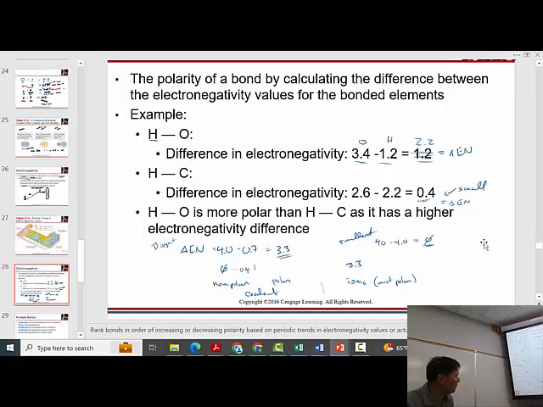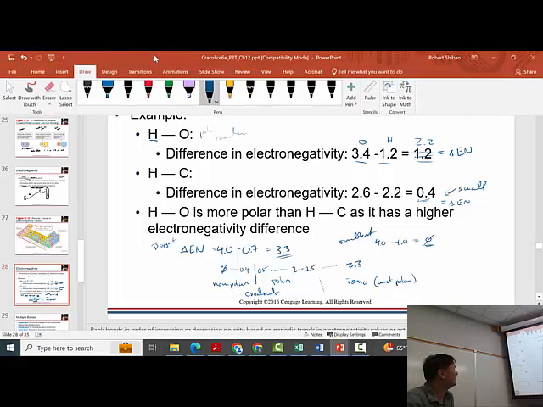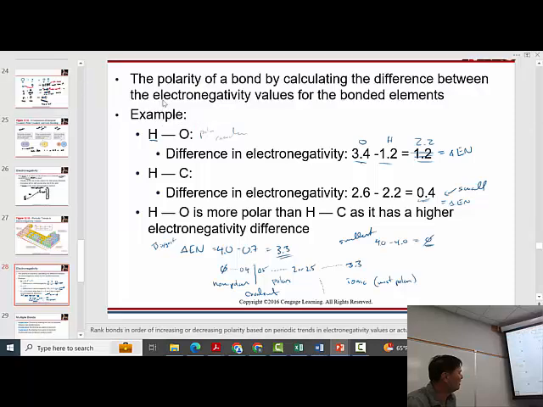And then polar will range from about 0.5 to, I don't know, 2.2, this is polar covalent. This is not a firm cutoff, 2 or 2.5. And then ionic will be greater than this, 2 or 2.5. These are kind of fuzzy boundaries. These aren't strict lines here, just kind of fuzzy boundaries.